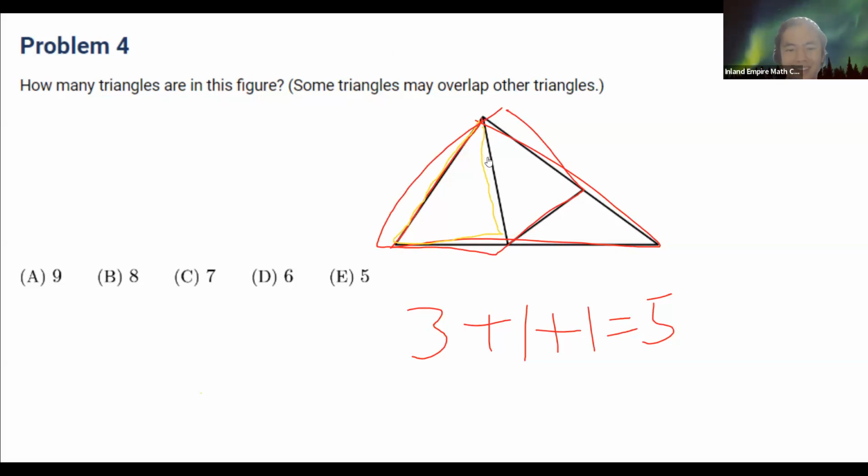So yeah, I think there's probably some minor issue. But yeah, the answer should be 5. I mean, it's just the 3 small ones, this one, and the big one. So yeah, the answer should be E. Any questions?